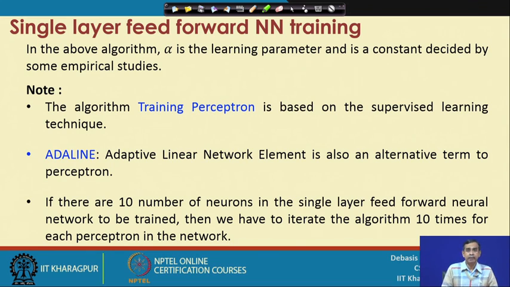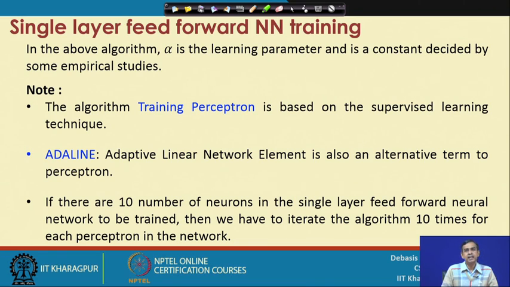In that case, if the single layer feed forward neural network contains n inputs and, suppose, n neurons in the layer, for example 10 neurons in the layer, then we have to learn each neuron at a time, and that learning process is to be repeated 10 times for all the perceptrons.